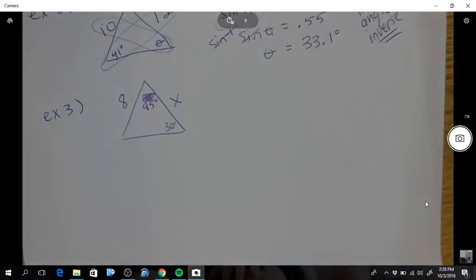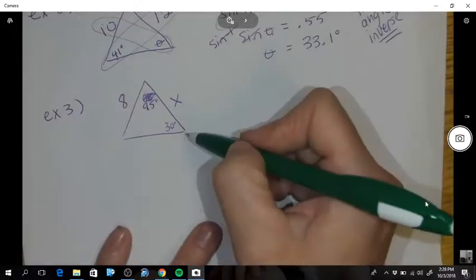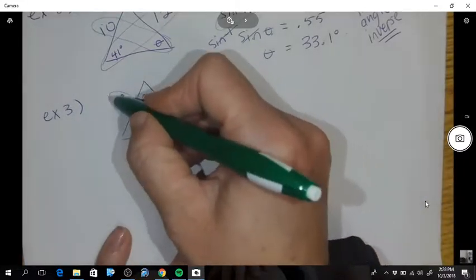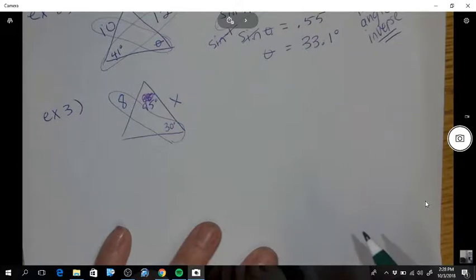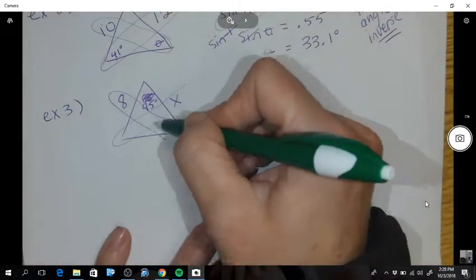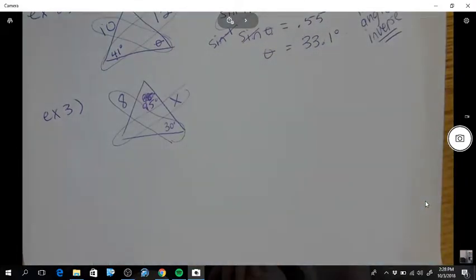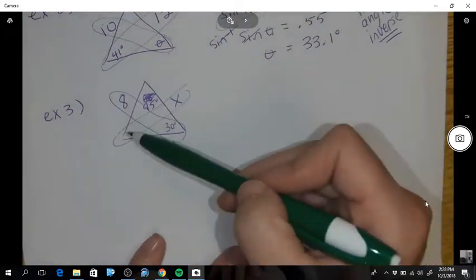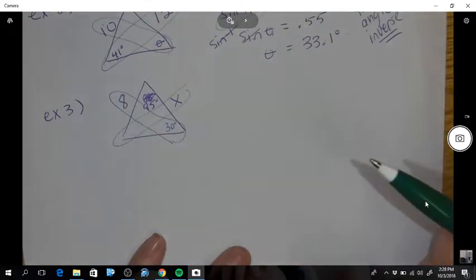Okay, so let's identify our pair. So that's a pair. And x is with, okay, so this is funny. That's not going to work, right? Because I can't have two unknowns.